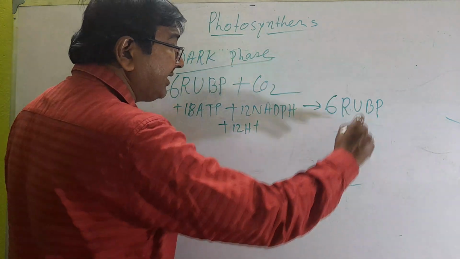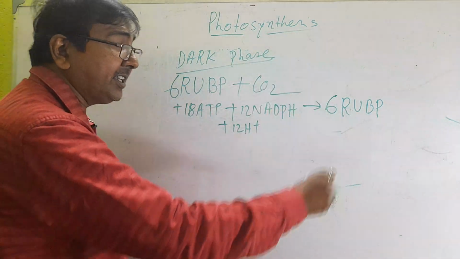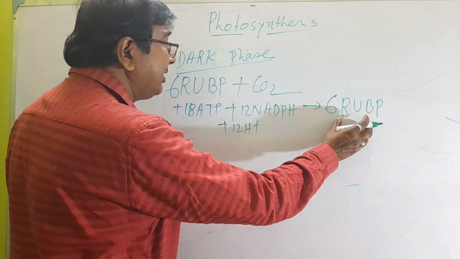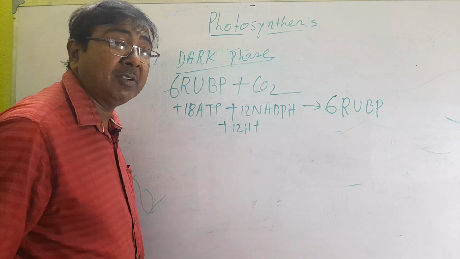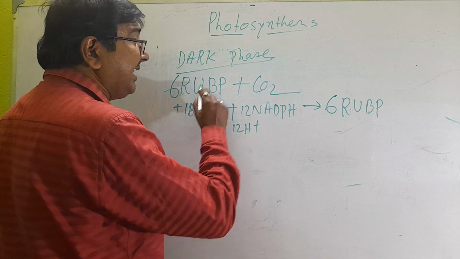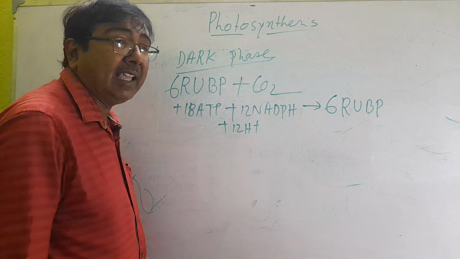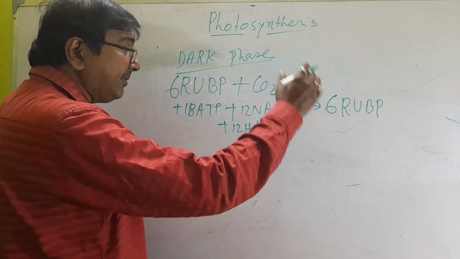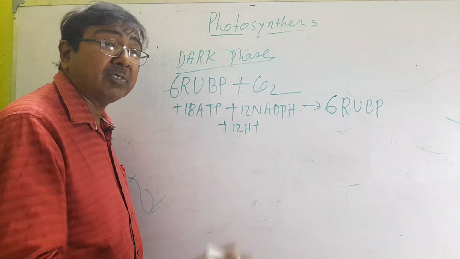For continuation of this process. If RUBP is absent, it cannot absorb carbon dioxide and photosynthesis will stop. That's why RUBP is formed again, and it helps continue this process.